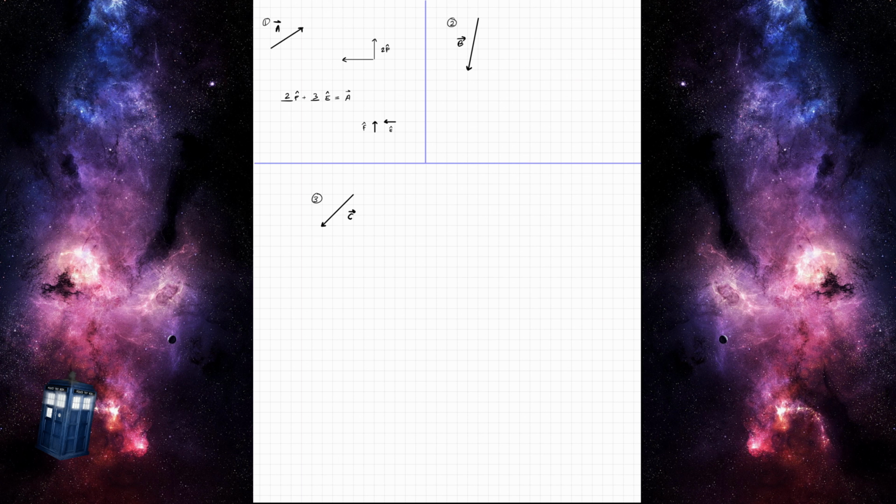No, it's not going to work. What we actually have to do is make that e hat a negative e hat. So we have to flip that. And it's also still going to be 3. So down here, that gives us this. And when we draw this vector in, we get vector A right there.